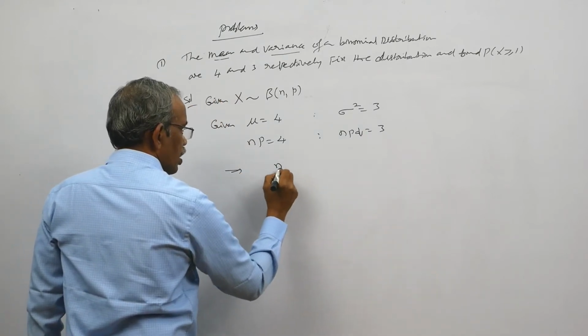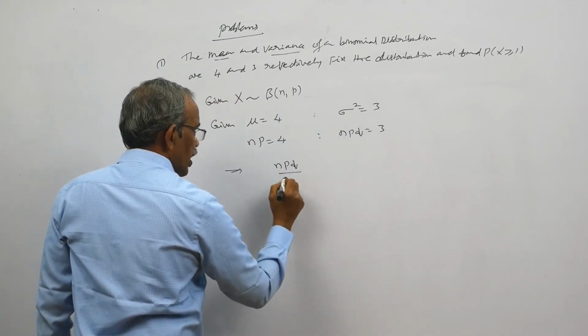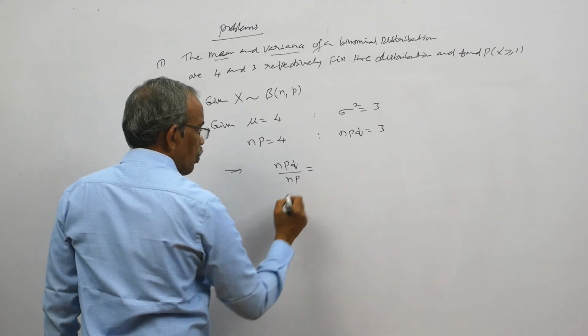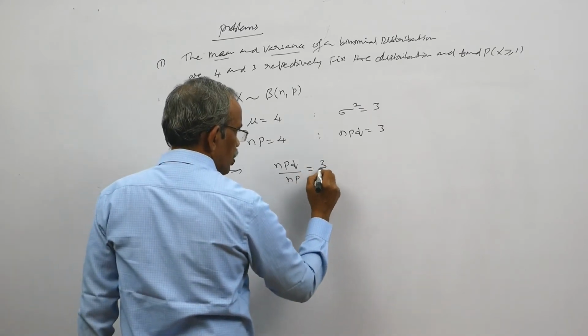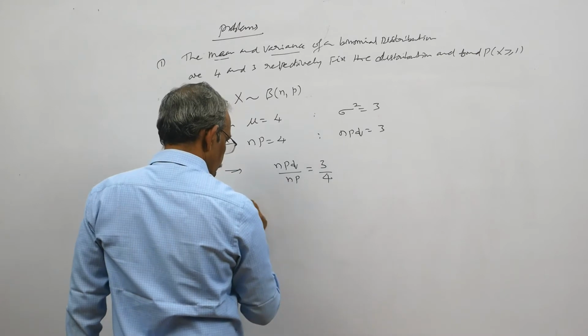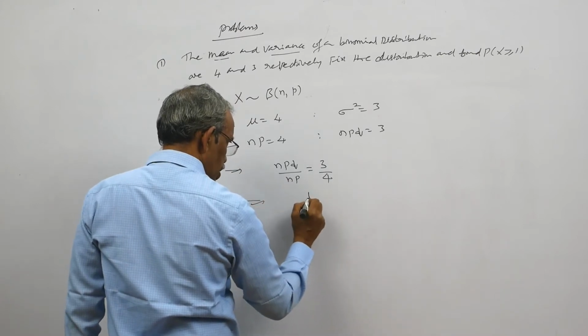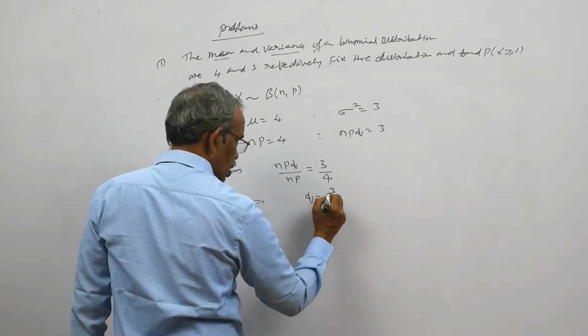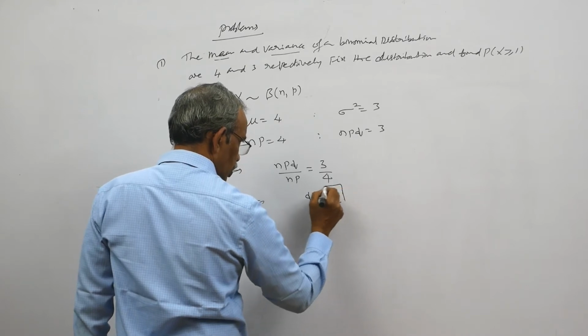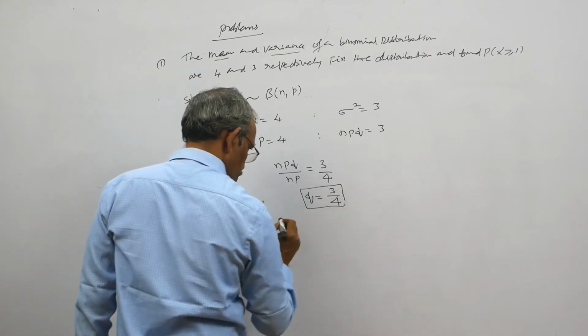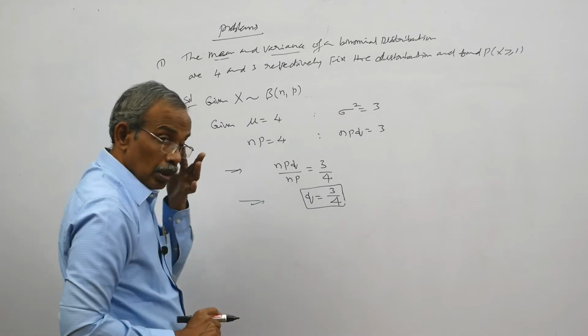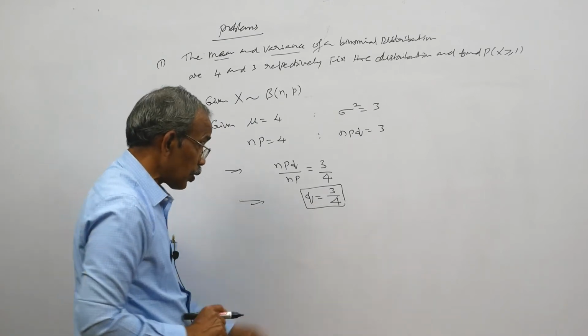That implies npq by np is equal to 3 by 4. npq by np is q, so q is equal to 3 by 4.